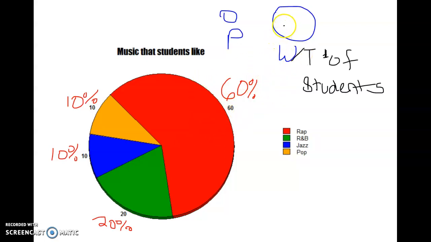I don't want to use 100 because, even though a percent is a ratio out of 100, I don't want you to confuse this 60 as being 60 students. It depends on how many students were surveyed. So let's say 300 students were surveyed.